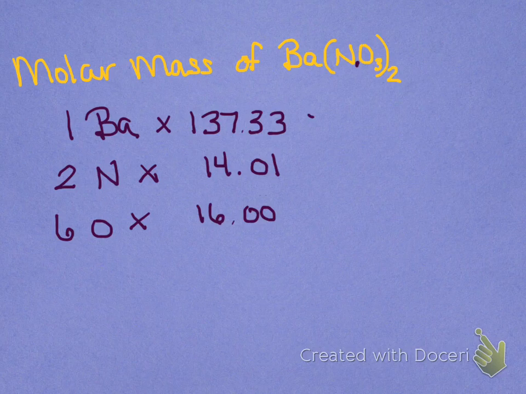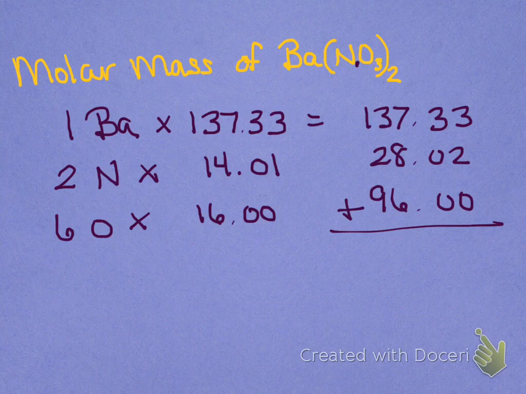So I'm going to do my math. I've got 137.33 plus 28.02 plus 6 times 16. That one I need my calculator for. 6 times 16 is 96.